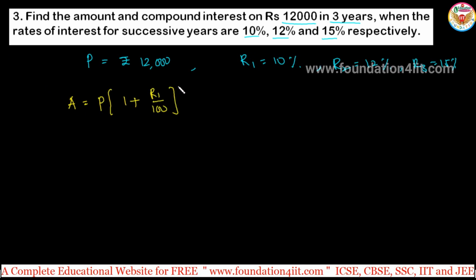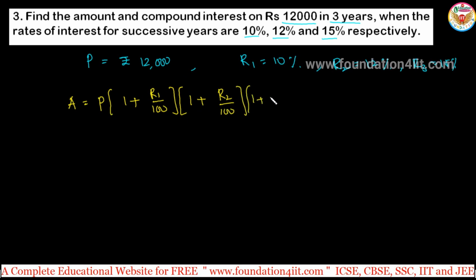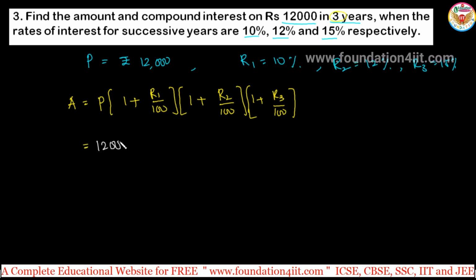No need of writing the power 1 because it's the first year. Again for the second year, 1 plus R2 by 100. Again 1 plus R3 by 100. This is the formula for 3 successive years, because it is 3 years total. So no need of taking the power, you can directly apply. P value is 12,000.